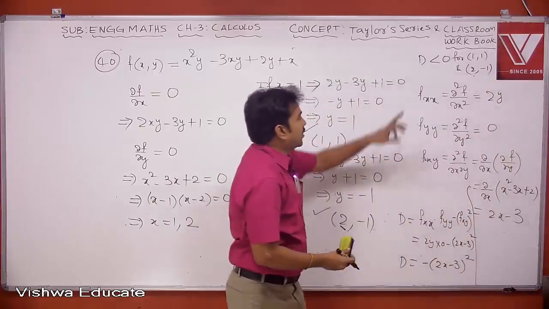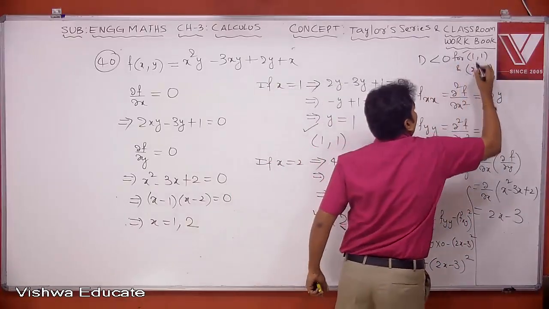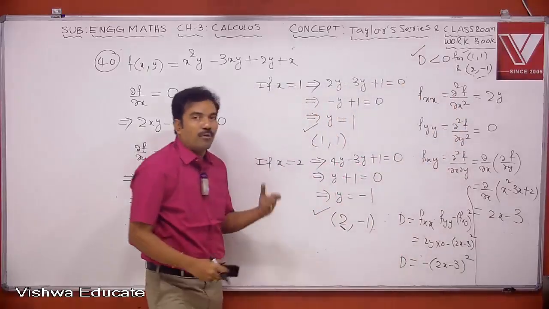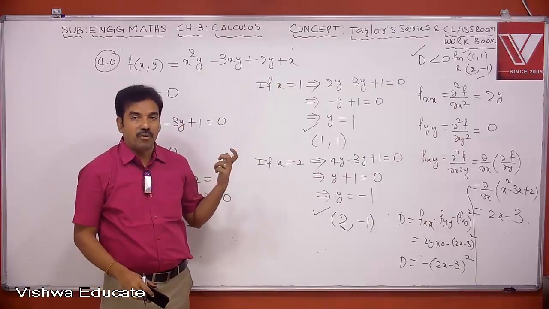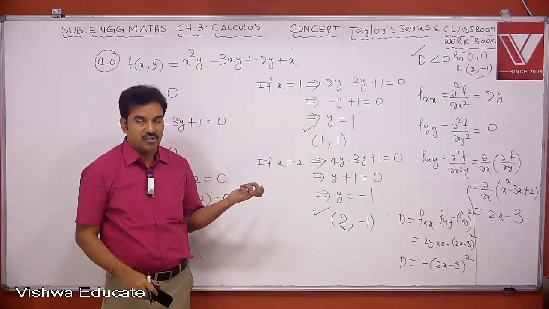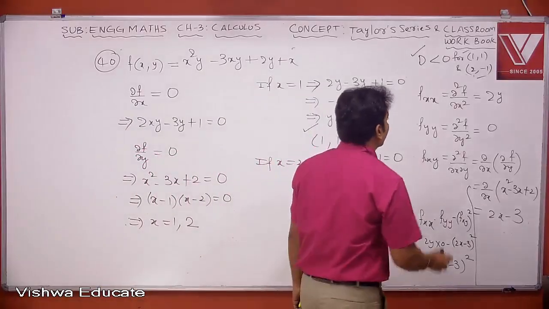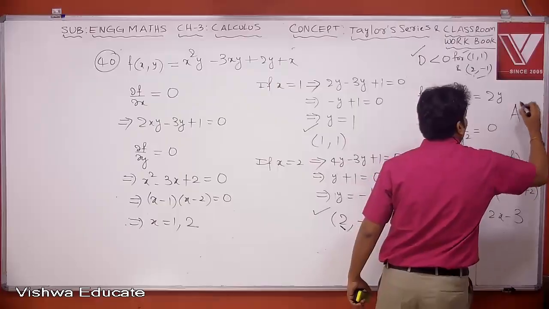In both cases, the value of D is negative. Therefore no point will act as an extremum point according to the second order derivative test. Therefore it has no local extremum. So option A is the right answer.